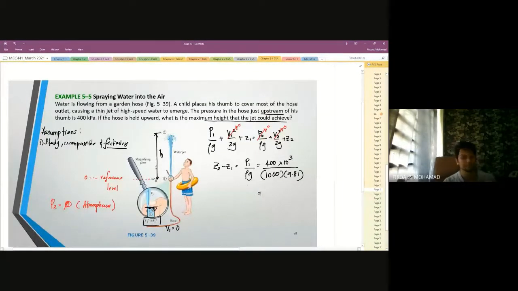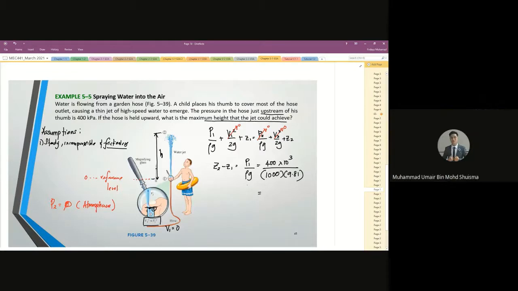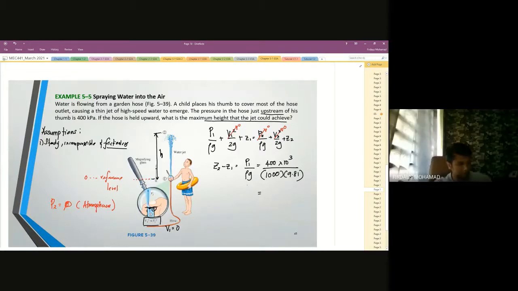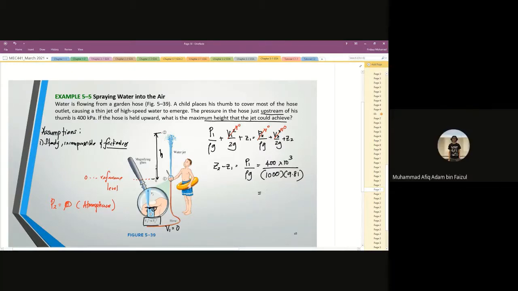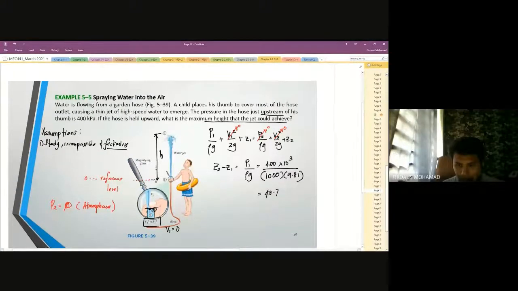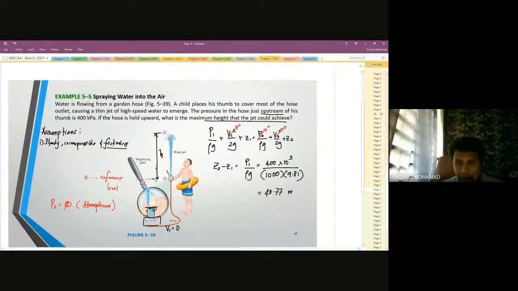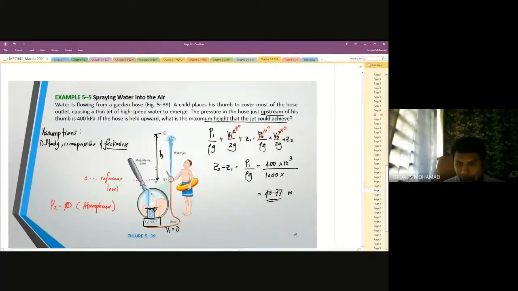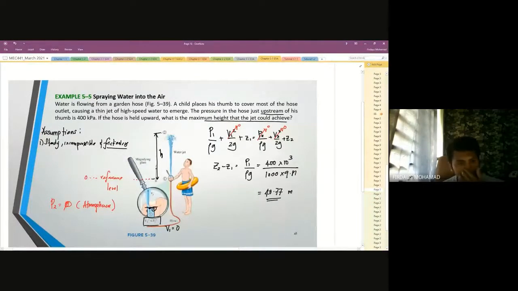So dapat apa? 40.77. 40 ke 14? 40.77 meter. Semua dapat apa ni?